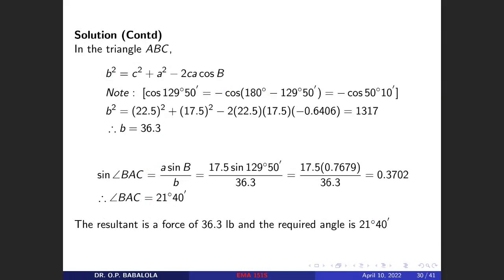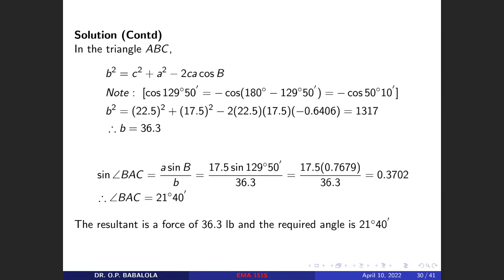So applying our sine rule, we already have our angle B, we have our side A, and we have computed our side B, which is the resultant force of the two forces. Now, when we substitute that into our sine rule, we obtain that little angle that the resultant force makes with the larger force to be equal to 21.4.